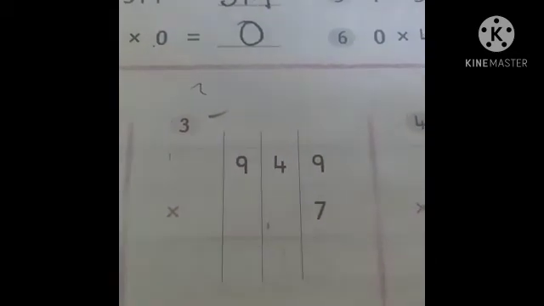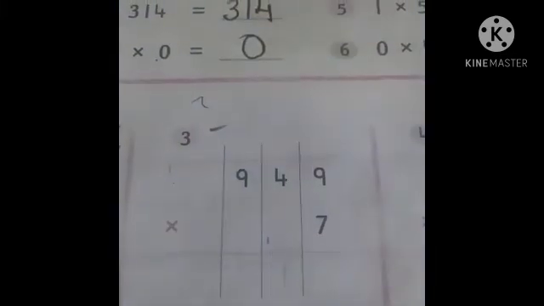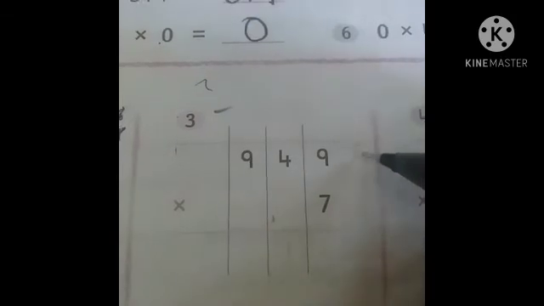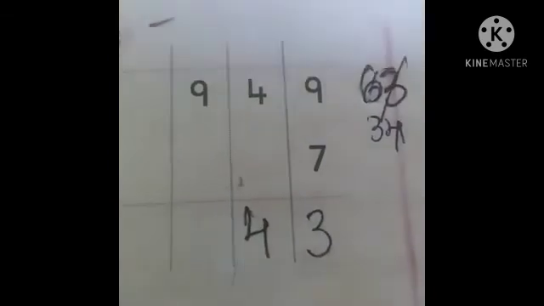Do you know the 7 table? 7 nines are 63. So 7 nines are 63, 3 right here. 7 fours are 28. 28 plus 6, 34. 4 right here.